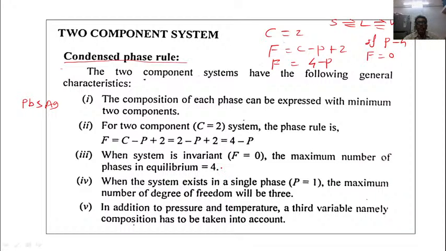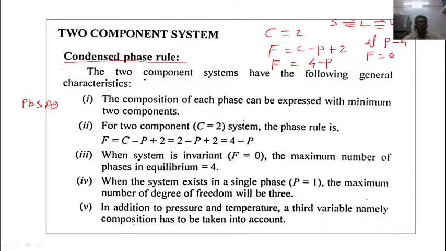Four phases should be in equilibrium with each other, but generally in the phase diagram we show that at the triple point 3 phases are in equilibrium. So it is difficult to show 4 phases in equilibrium. That is not possible. Then when the system exists in a single phase, suppose that only one phase is existing.